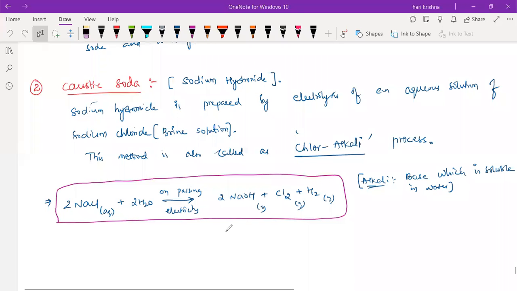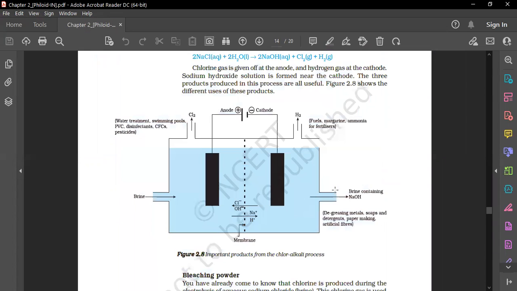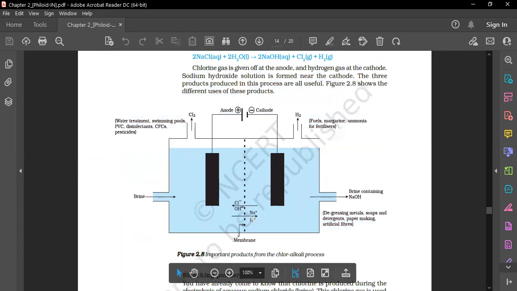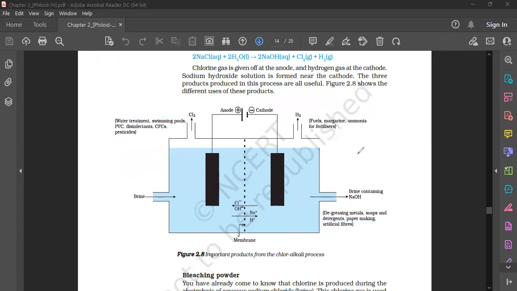Could you go back to the last slide, sir? Yeah. So why didn't Na and OH minus evaporate? Why didn't these two evaporate? Because you have to form the major product as NaOH only, right? Yes, sir. But why didn't it evaporate like H2 and Cl2?